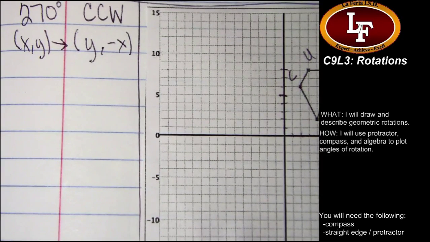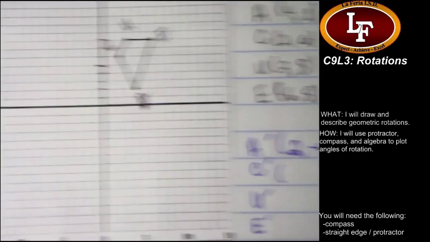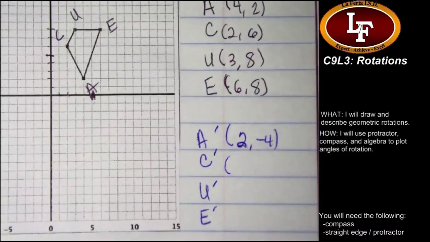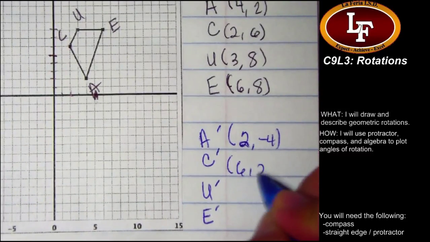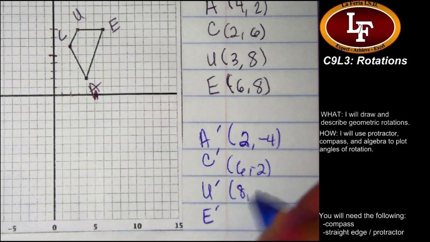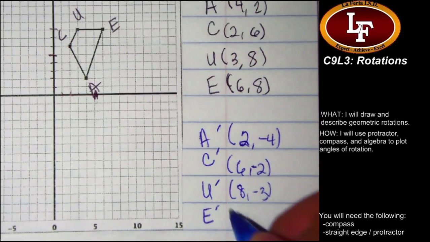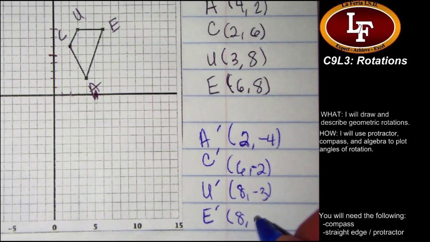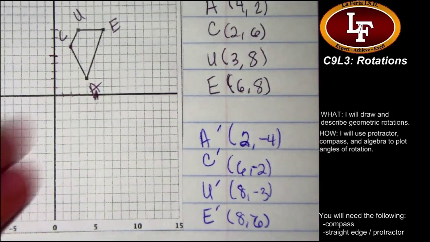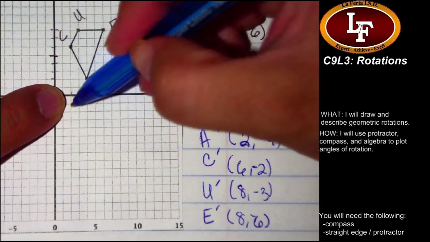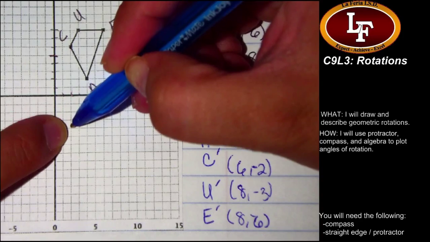New voice for the coordinate of C prime. 6, -2. Coordinate of U prime. 8, -3. And the coordinate for E prime? 8, -6. All right, graph it.